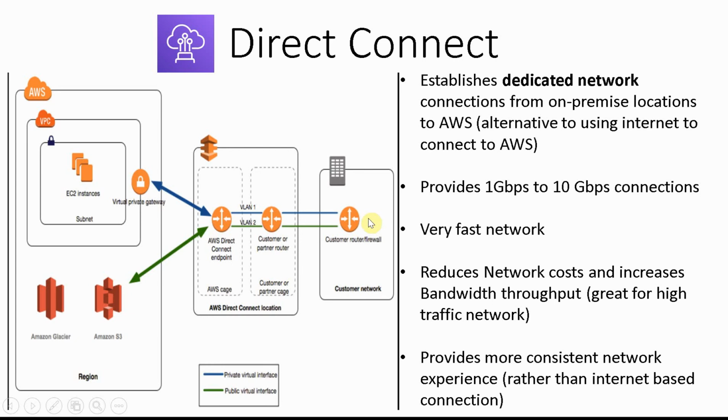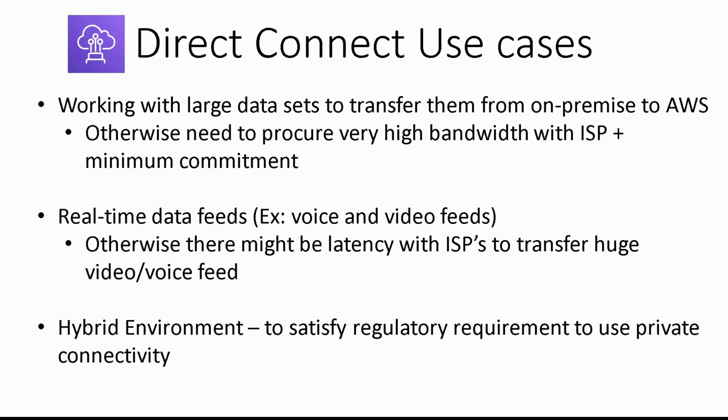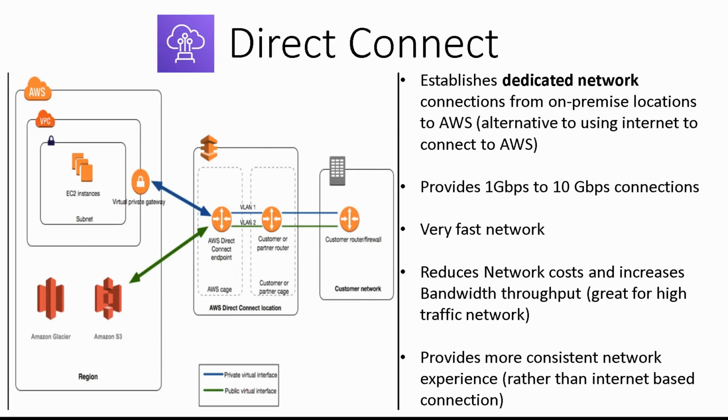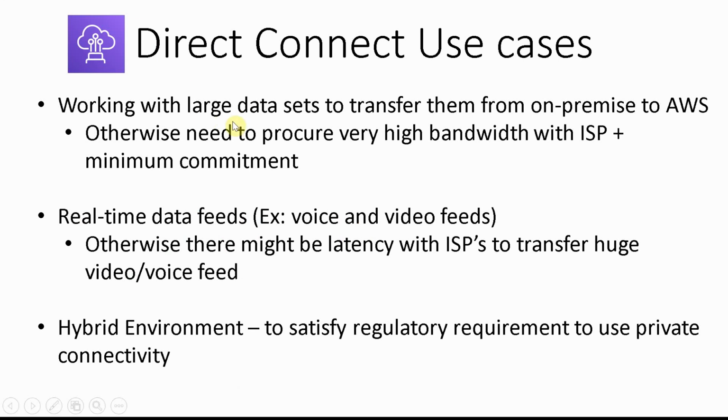Transferring over the internet will be very slow. It depends on the internet service provider, but bandwidth is generally not sufficient. So that's one use case where you temporarily deploy Direct Connect for maybe 1 or 2 months till the migration completes, and then you can disconnect. You don't have to pay if you're not using it, similar to any other AWS product. That is a very common use case: you have large data sets to transfer, so you temporarily deploy Direct Connect, do the data transfer, and then close it.